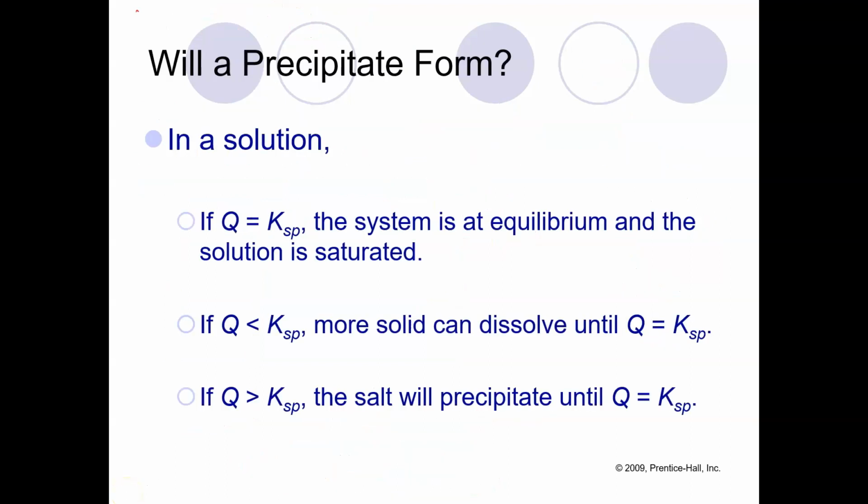So another thing from chapter 15, a blast from the past that we talked about, used in chapter 15 and then haven't really dealt with much since then, is the product quotient. So Q is, I call it, the right now constant.